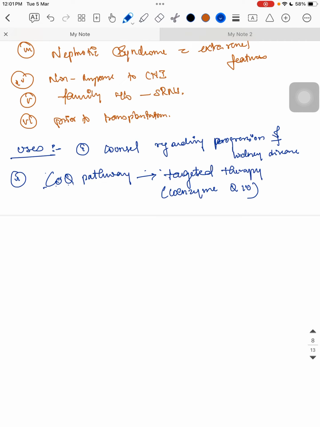Next, you can counsel the parents regarding future pregnancies and for antenatal diagnosis.